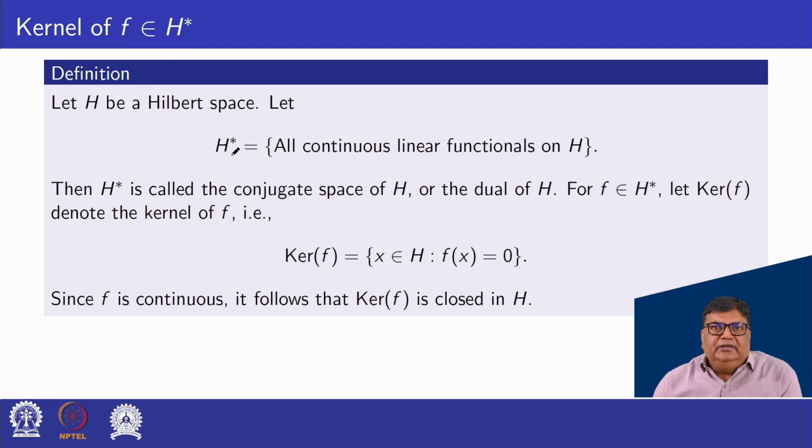Let H star be the conjugate space of H. It is defined as all continuous linear functionals on H. Then H star is called the conjugate space of H or the dual of H. For f belonging to H star, let kernel f denote the kernel of f, that is, kernel of f is equal to x belonging to H such that fx is equal to 0.